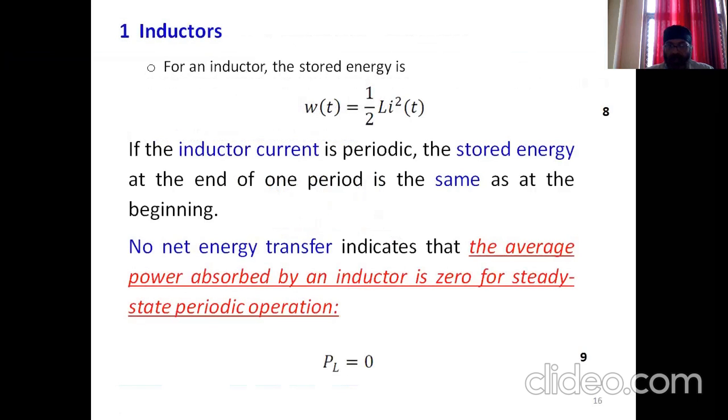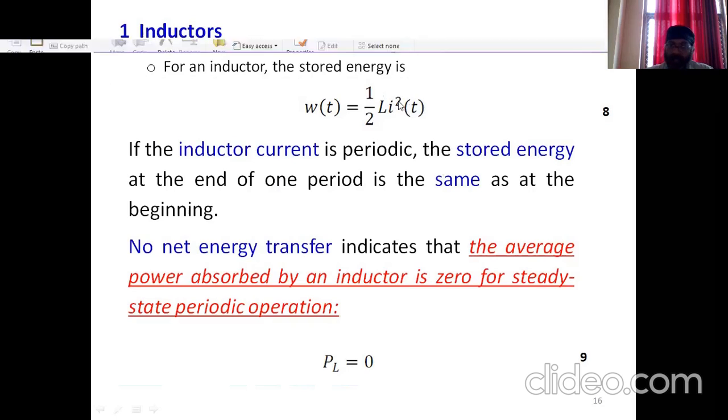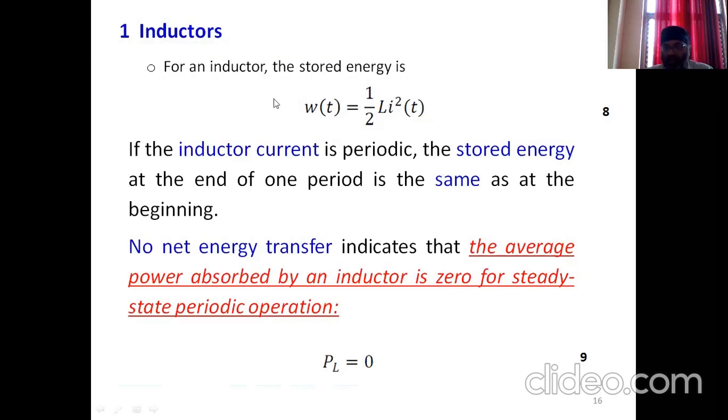And energy stored in inductance is half L i squared. We already know v is L di by dt. The rate of change of current in that inductance gives us the EMF, the voltage. Multiply by current, we get half L i squared, which is energy, multiplied by time. So that is the total energy stored in that particular inductor.